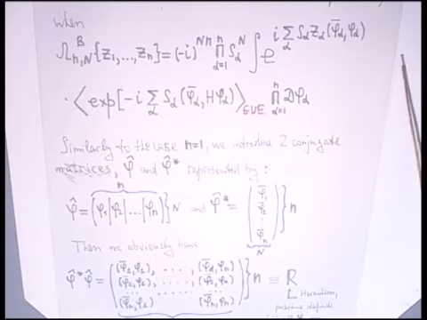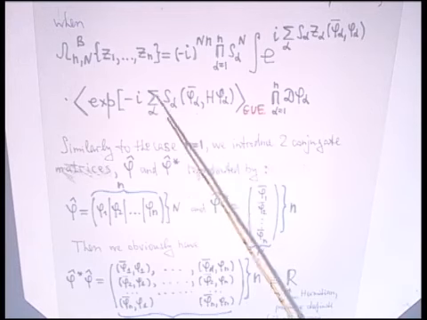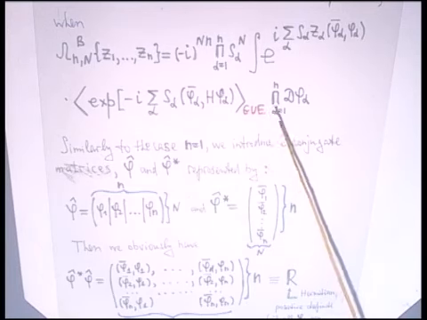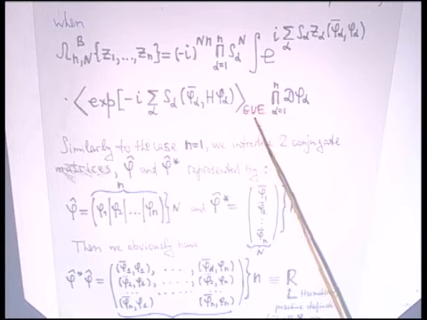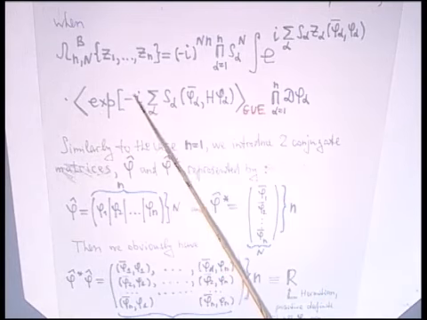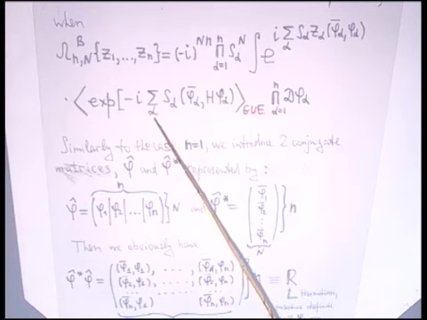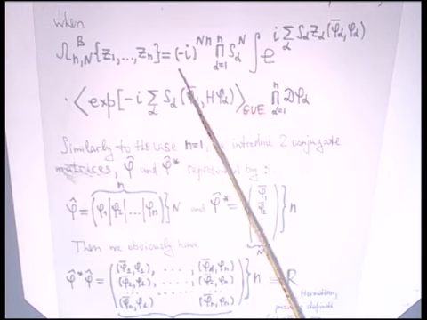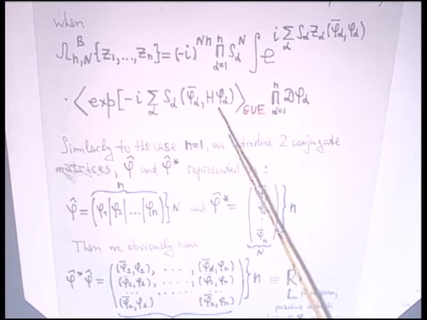Combining this product of integrals into one integrand, we see that what we need to average is exponential minus i sum over all alphas going from 1 to n.